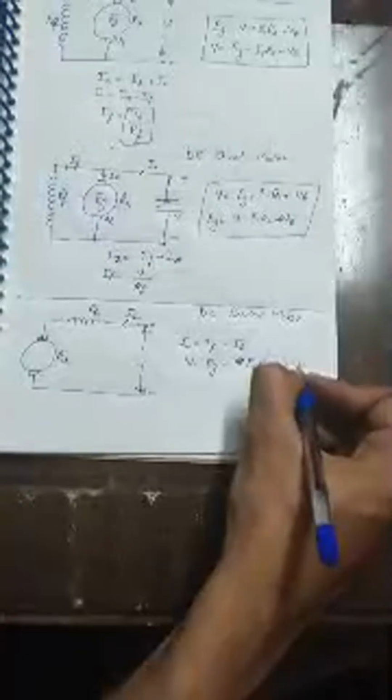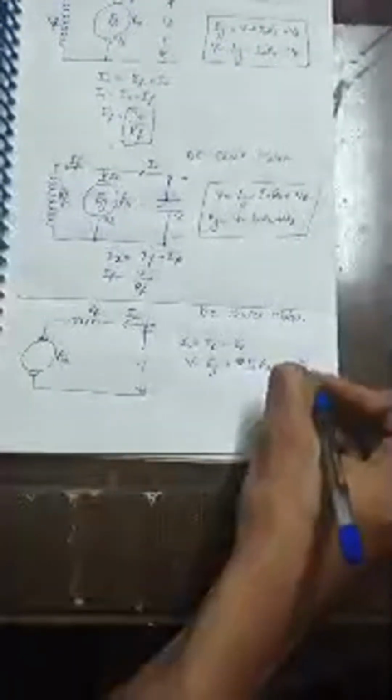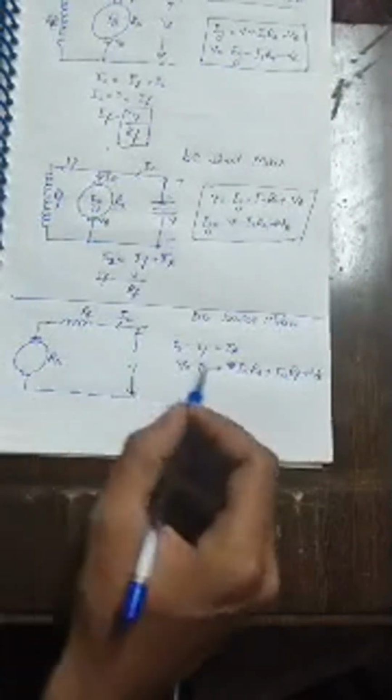So V is equal to EG, the generated voltage, plus IA RA plus IF RF plus VB. As the same current is flowing through the field and the armature, we can take it common.